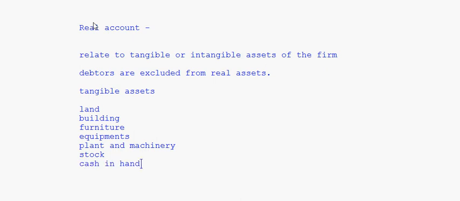Cash in hand, cash account, that is also a real account, right? Intangible assets, the examples we can take as goodwill, patents, copyright, trademark, all these things. These are all intangible assets, right?